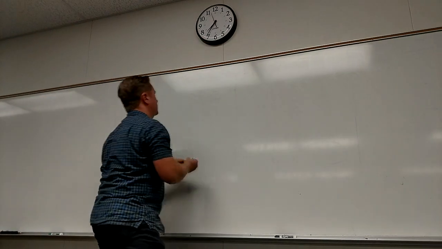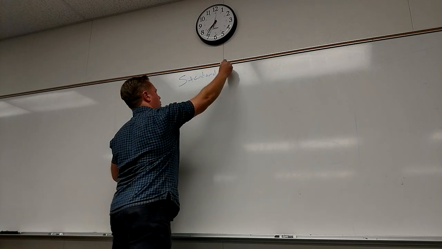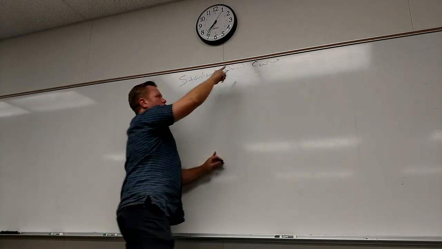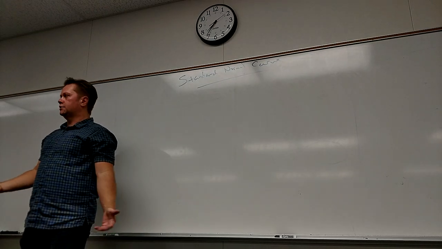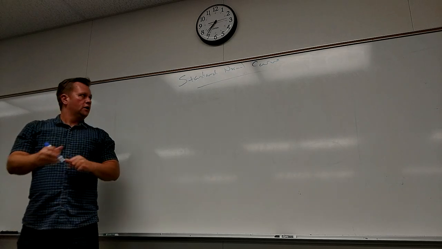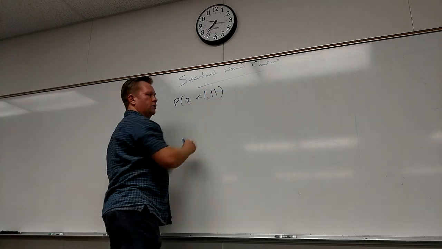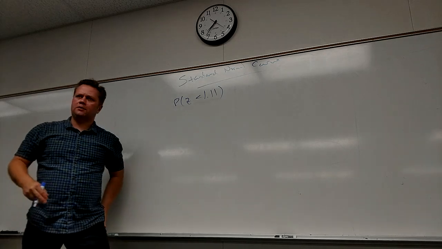So I tell you, you have a standard normal curve. The standard part of that tells you it's z-score stuff. And then the questions tell you it's z-score stuff. So if I know it's normally distributed, and my questions are all probably z less than 1.11 or something, what goes in the middle of my picture?